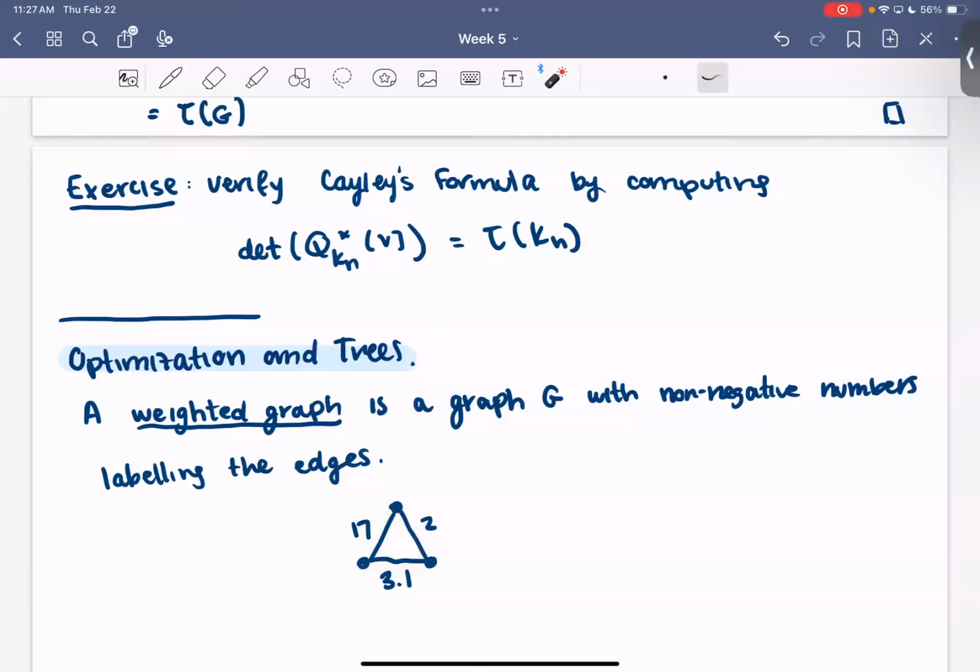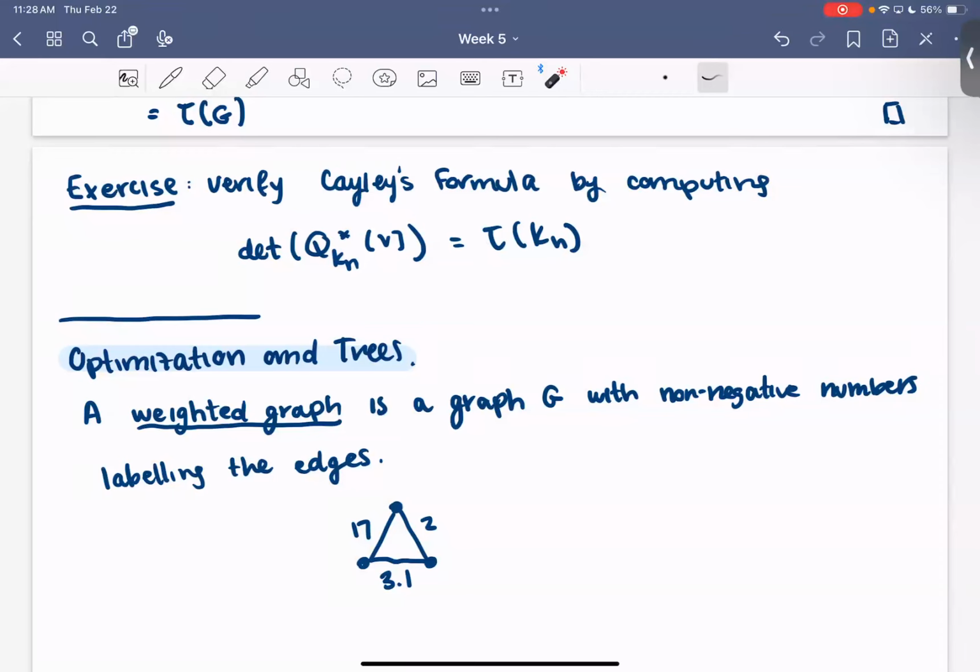So this comes up a lot in applications, and because of that, there are a lot of algorithms for determining things such as the shortest or cheapest path between two vertices, or the spanning tree with least total weight. So what might that correspond to?